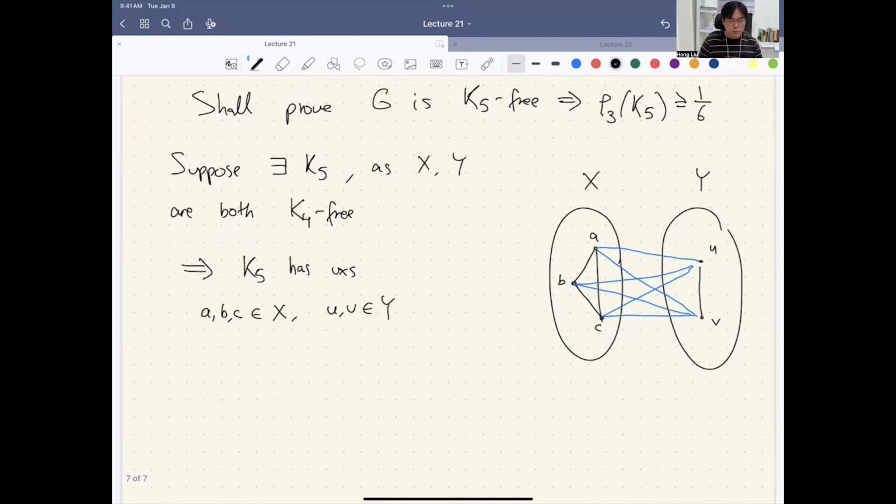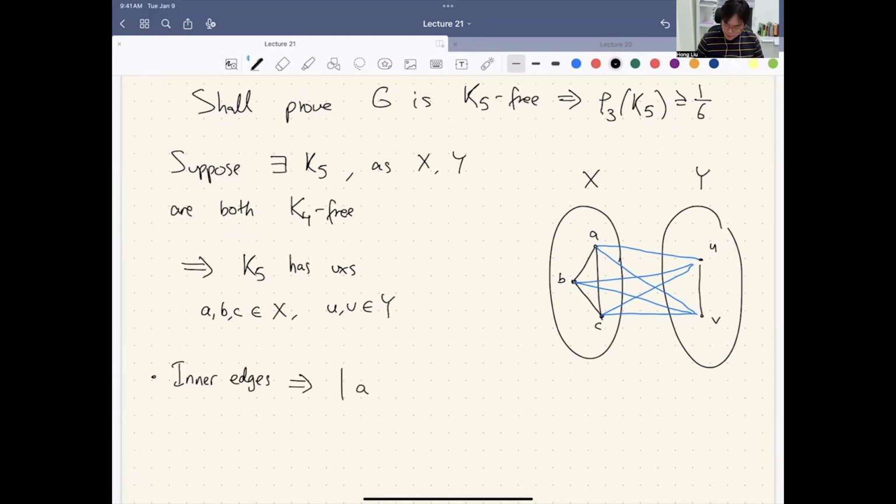So the inner edges mean, first of all, A minus B times rho, where rho is the cubic root, and A minus C times the square rotation of rho, is small.